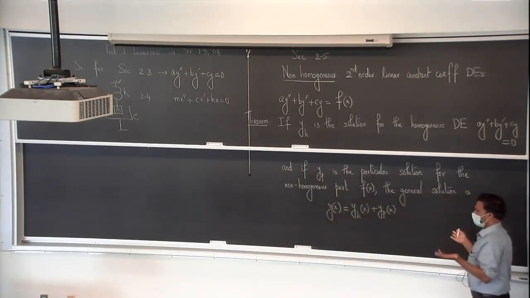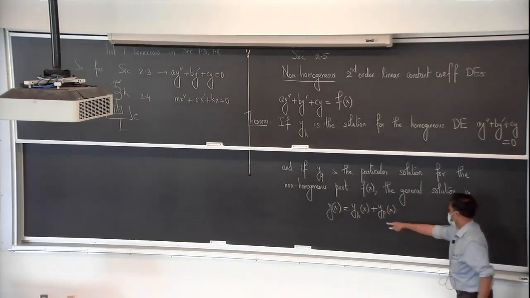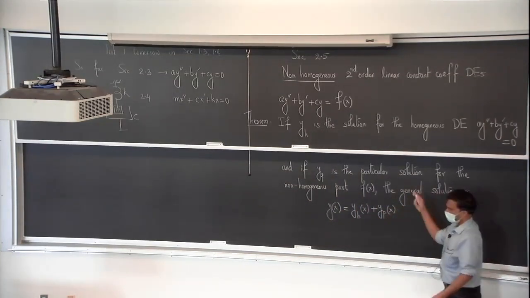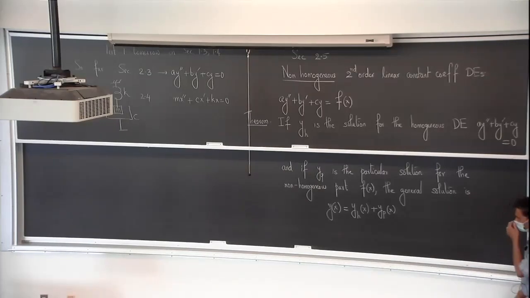And yh and yp are functions of x. That's why I put it as yh of x and yp of x. Again, this is some kind of a superposition principle. If you know individual parts of the equation's solutions, you can always bring them together and write one whole function that will solve the entire equation.